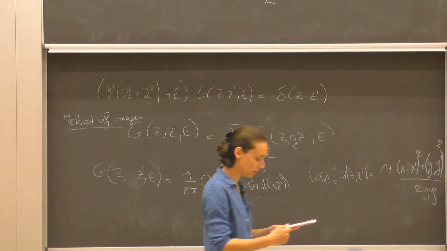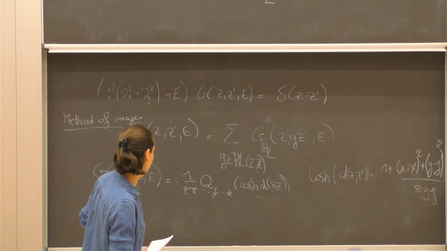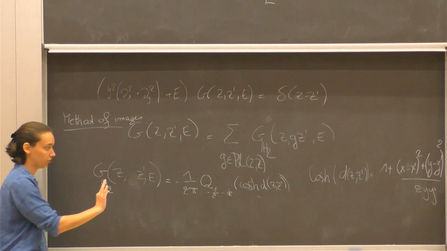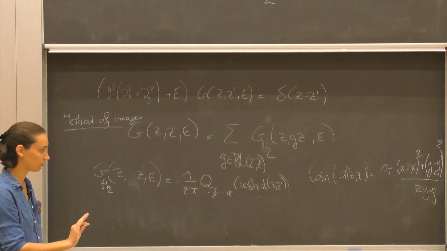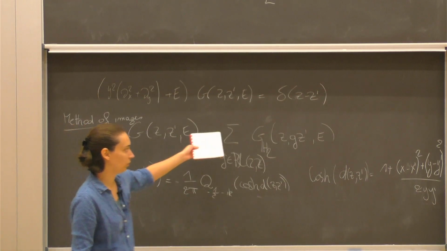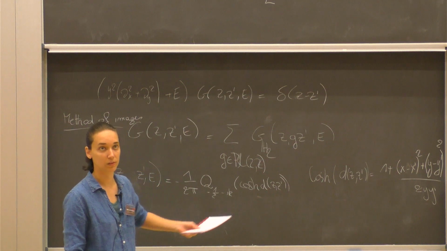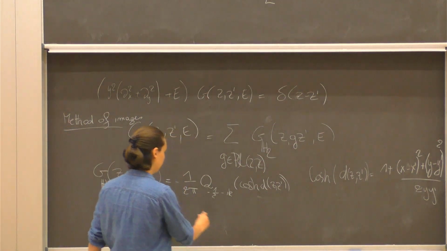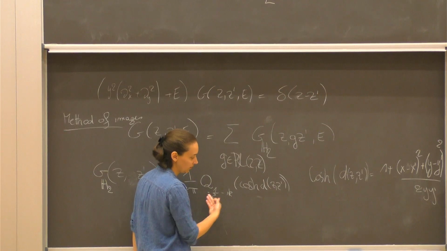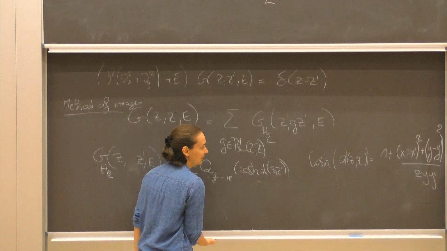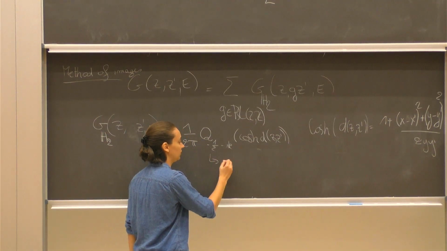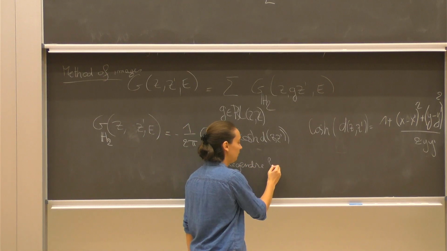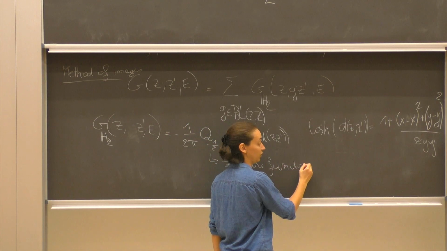So that would be the one just for two-dimensional hyperbolic space. And then we need to apply the method of images to this Green's function. Oh, sorry, I didn't tell you what this Q is. So this is known as the Legendre function of the second kind.